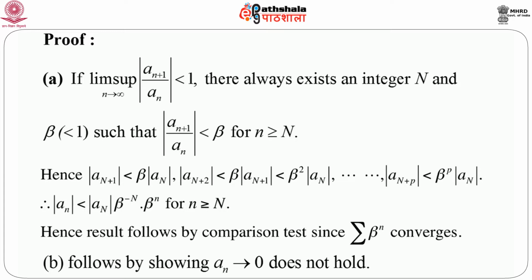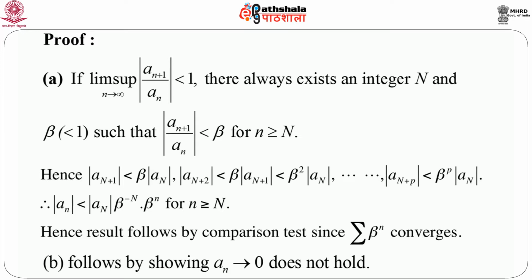We can see that the result follows immediately because beta is less than 1 and summation beta to the power n is convergent. So this proof is complete. Again, the second part, that is when |a_(n+1)/a_n| is greater than or equal to 1, we follow arguments similar to the root test.